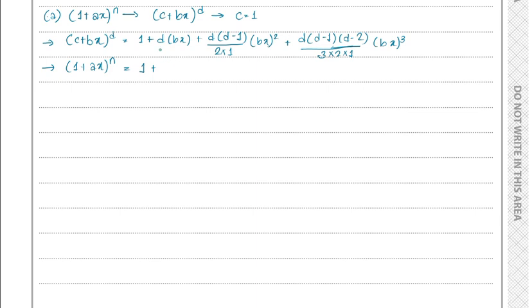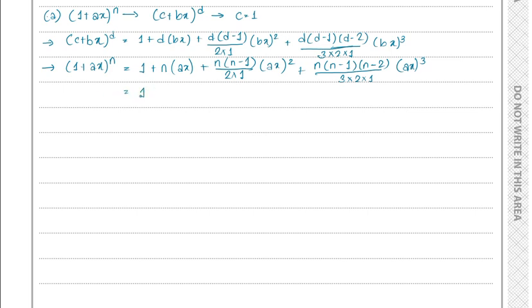So 1 plus d, which in our expression is n, and b is a, so it would be ax, plus d, in our expression n, multiplied by (n - 1) divided by 2 multiplied by 1, or you can just write 2 factorial, and b is (ax)^2, plus n multiplied by (n - 1) multiplied by (n - 2) divided by 3 multiplied by 2 multiplied by 1, and b is (ax)^3.